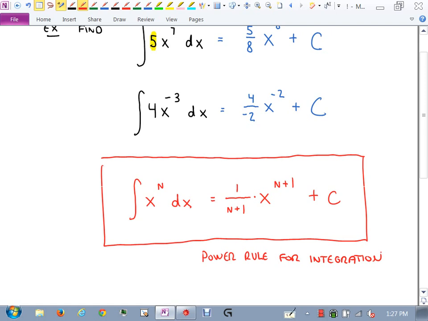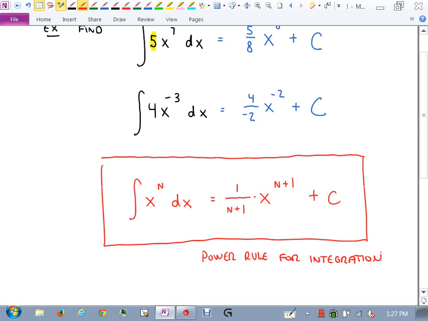There's a power rule for derivatives and a power rule for integration. So when you just say power rule, it's too general. This is the one for integration. There's a different one for derivatives. The derivative one just says power down, subtract 1. Antiderivative, what? Add 1 to the power, multiply by 1 over that.